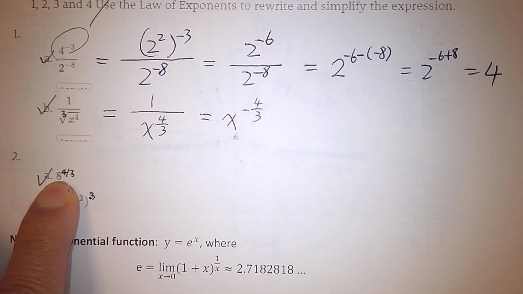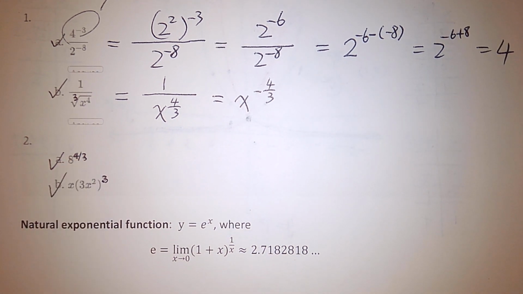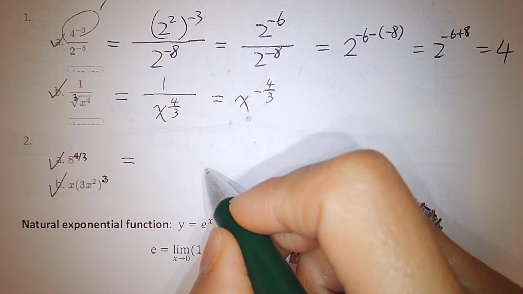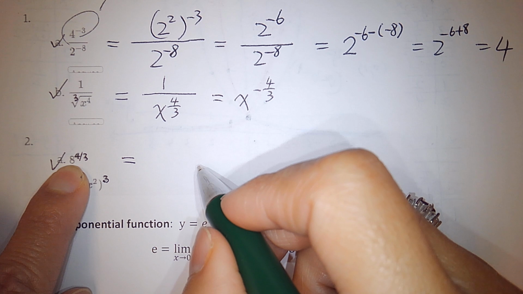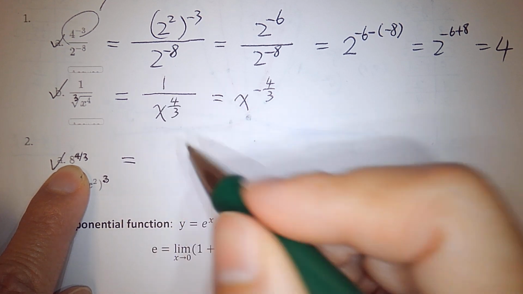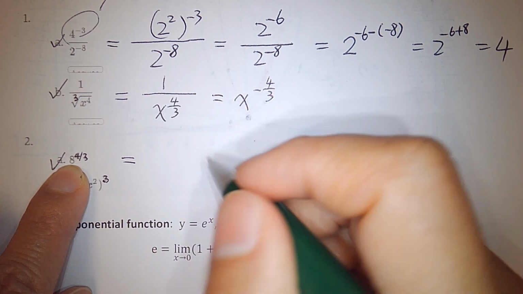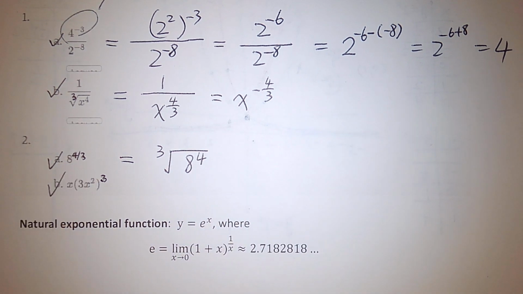And how about this question, 8 to the 4 thirds? That looks easy, right? Can we rewrite it in a radical expression way? Cube root of what? 8 to the 4th power, right?